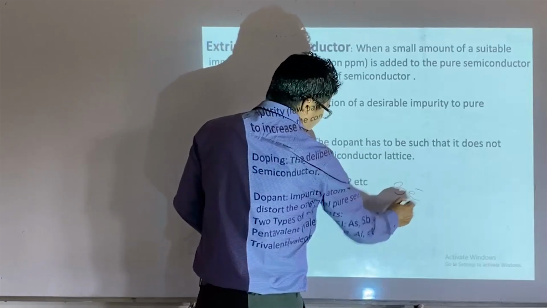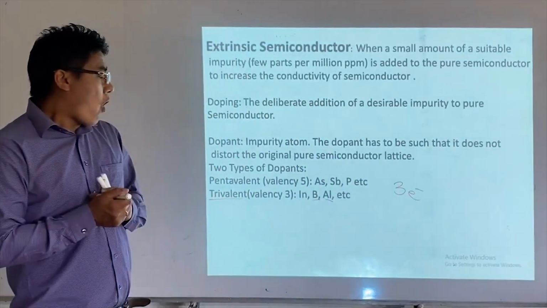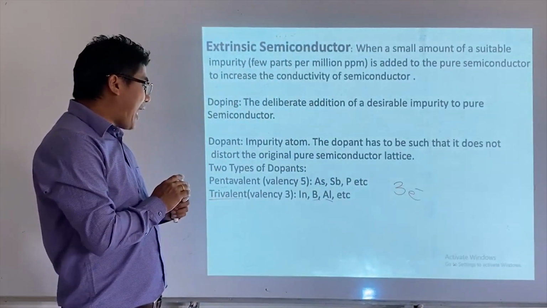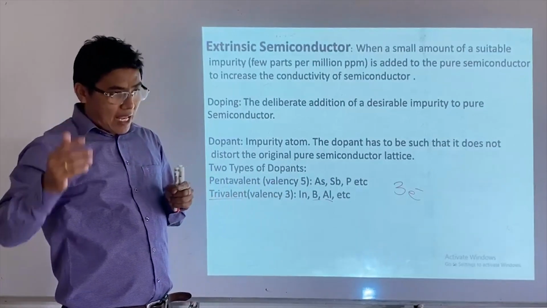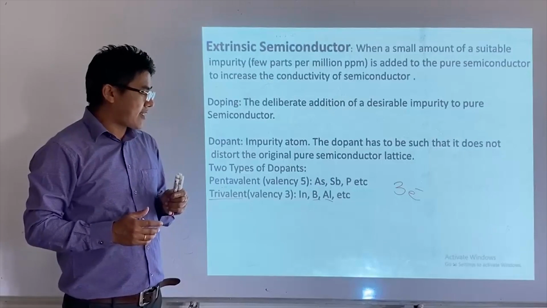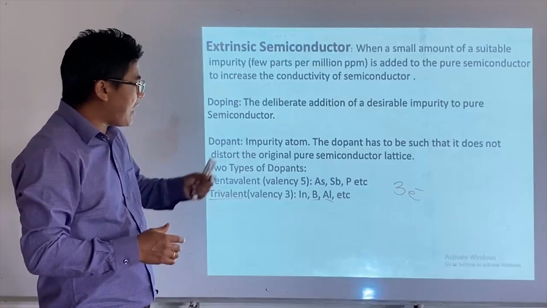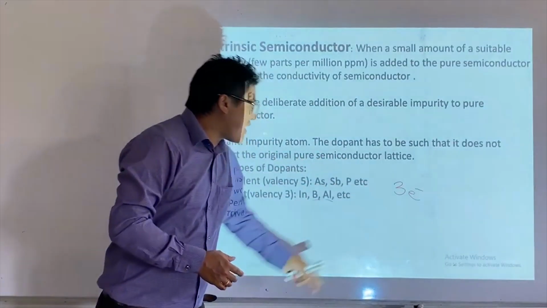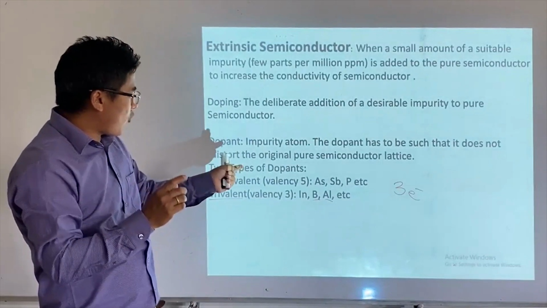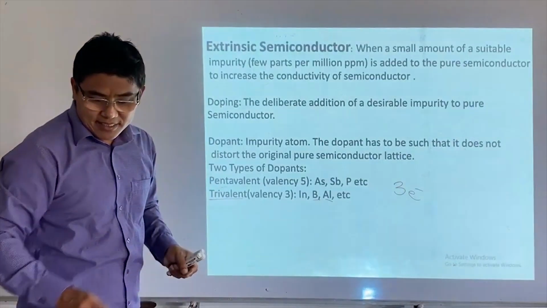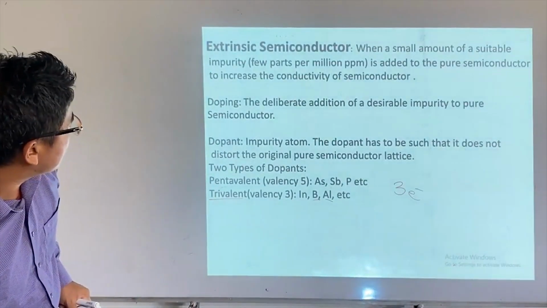So therefore, the 3 electrons of a trivalent atom join with 3 neighboring silicon atoms, and then it creates one site for another electron to jump in, right? So this is what I will show you here.